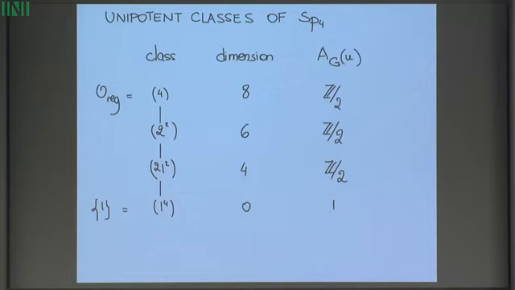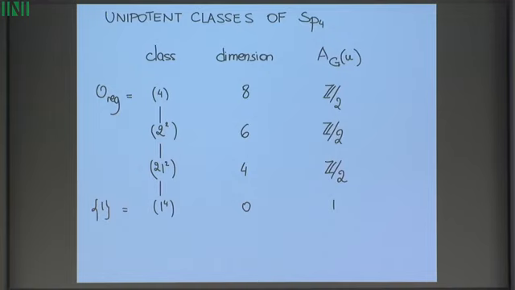And it's important to note, it will occur tomorrow, that when you compute this A_G of u, it depends if you're working with SP4, if you modulo by the center, if you have a large center or not.